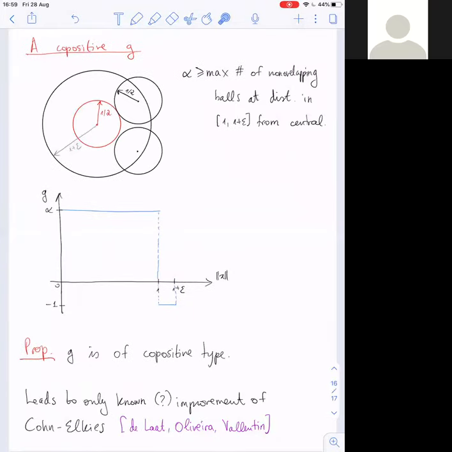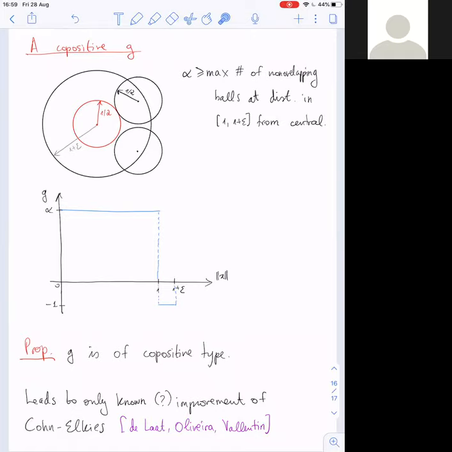And that's actually something that we did, I think 2012 or so, but it was not in this language. I'm going to show you a copositive function. So imagine that you have a central sphere of radius a half, and then you have spheres of radius a half that are non-overlapping, and the centers of these spheres lie at distance between 1 and 1 plus epsilon, where epsilon is a very small number, from the center, right?